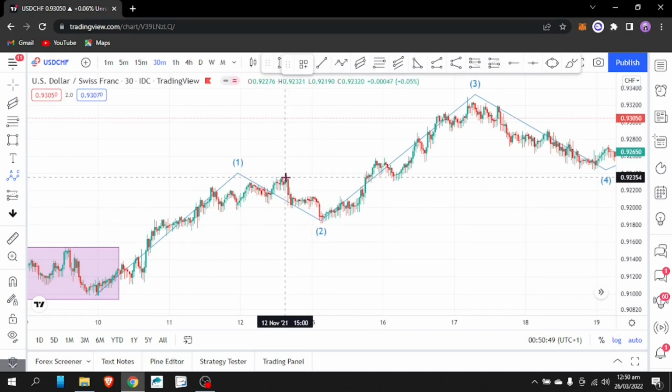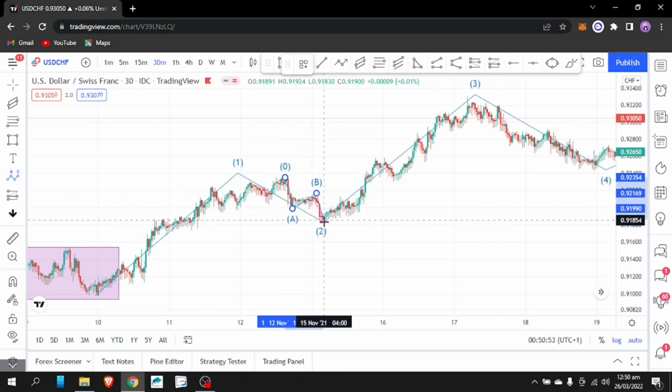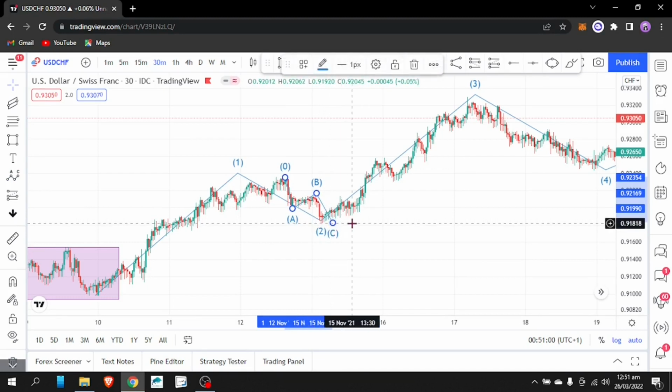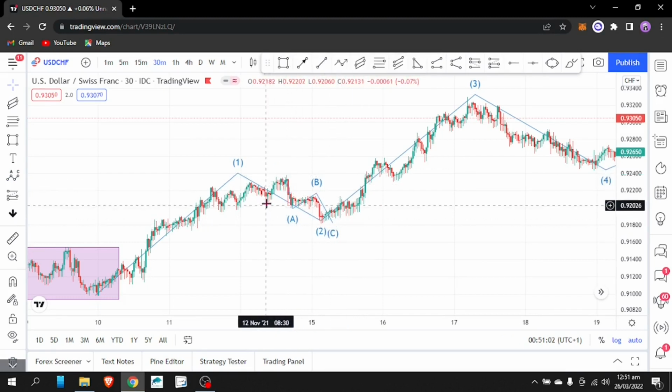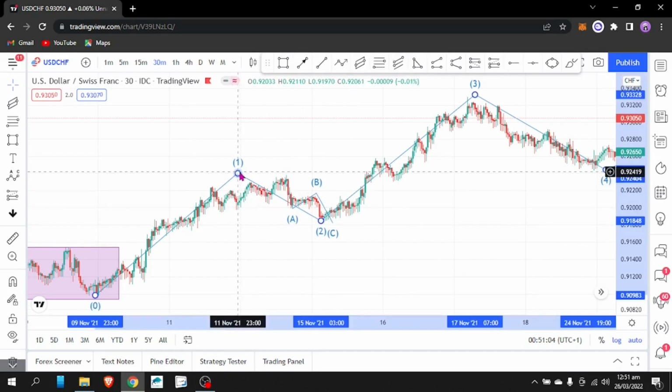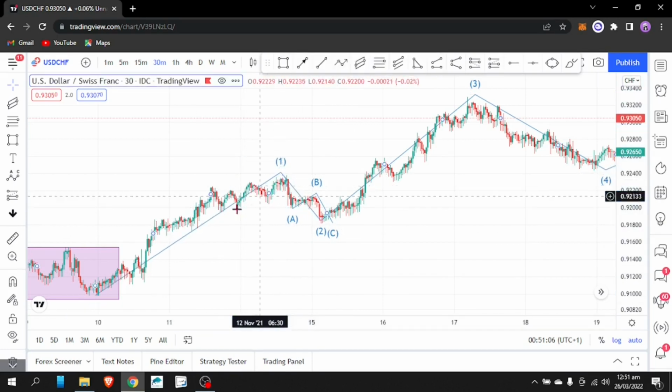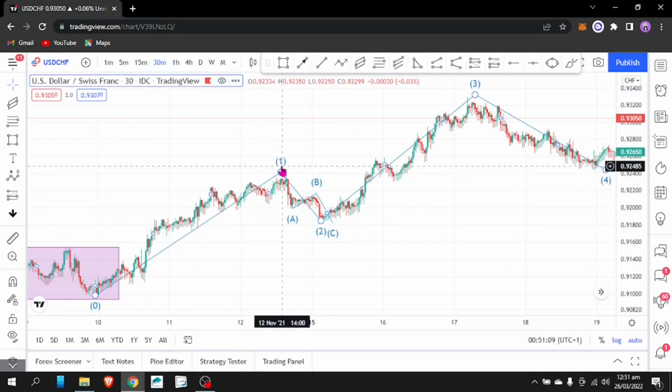From this level to this level, we have our A, we have our B, we have our C. Now this most of the times happens during pullbacks. Now from this level to this level is our first wave.